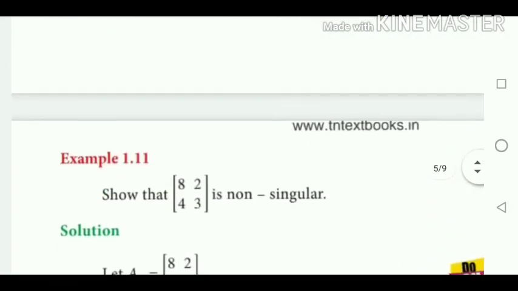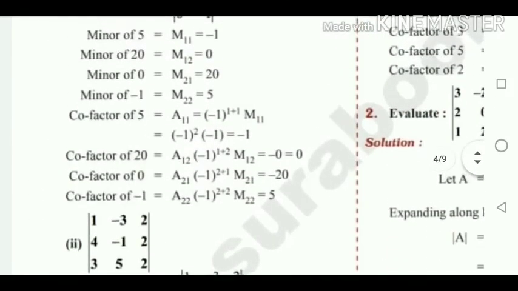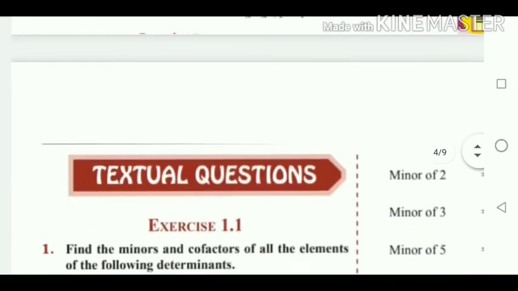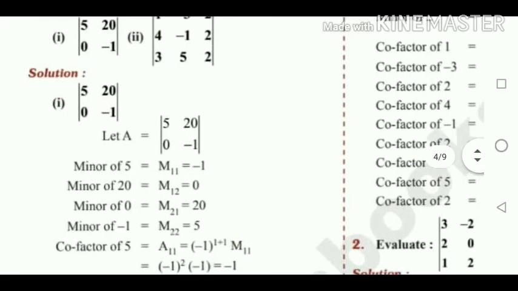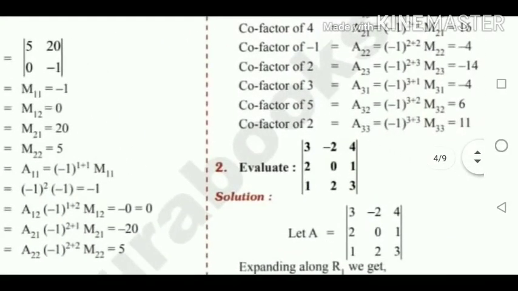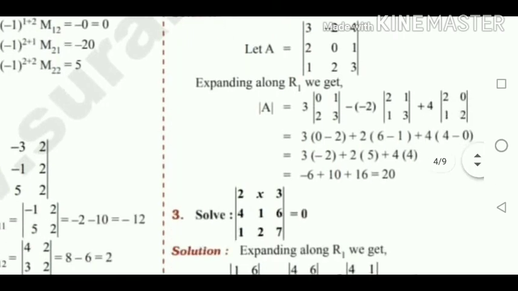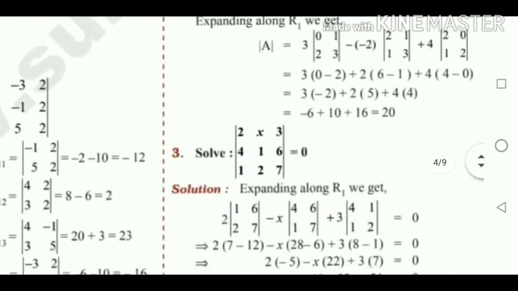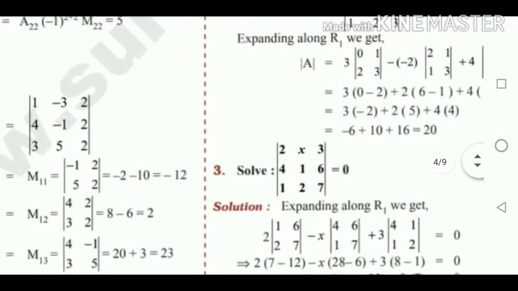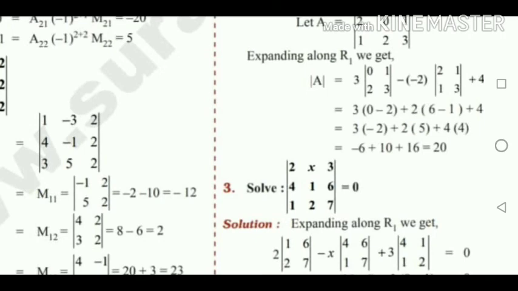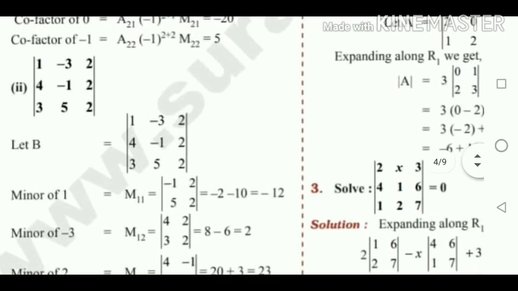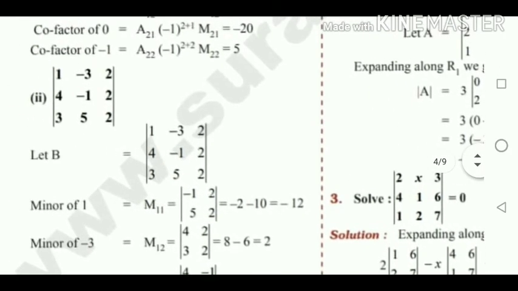That is, I am expanding the row in order to find the value of the determinant. So this is the second and third question. We are using this rule. Expanding R1 we get the value of the determinant, and in the third question expanding R1 we are finding the value of x.